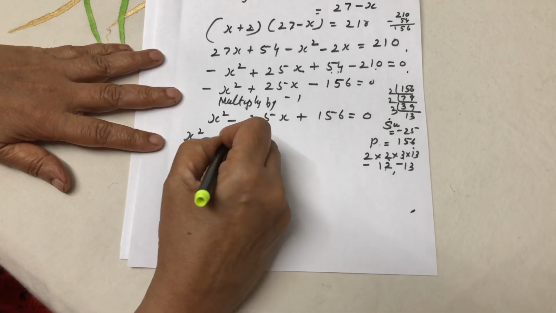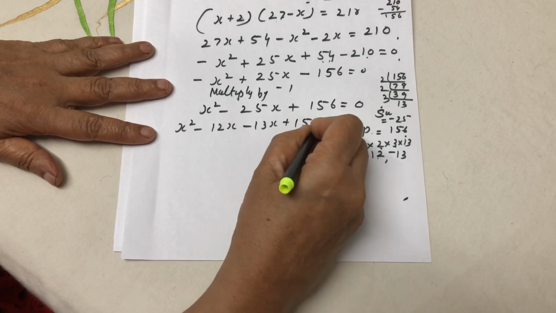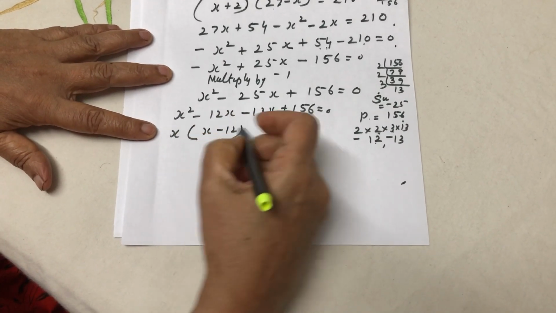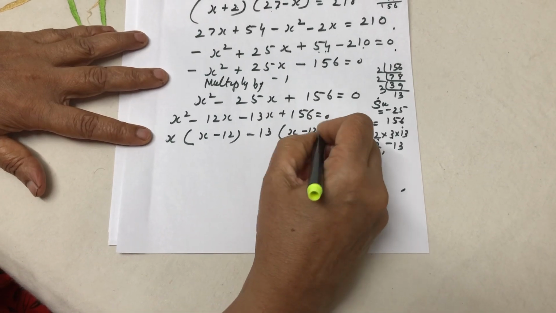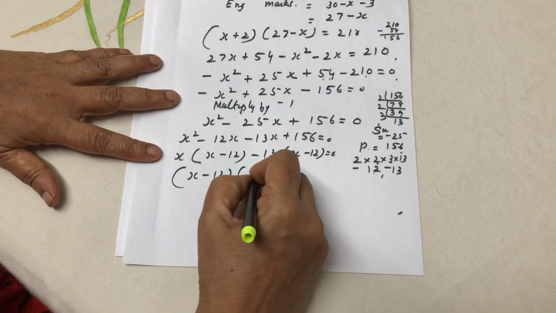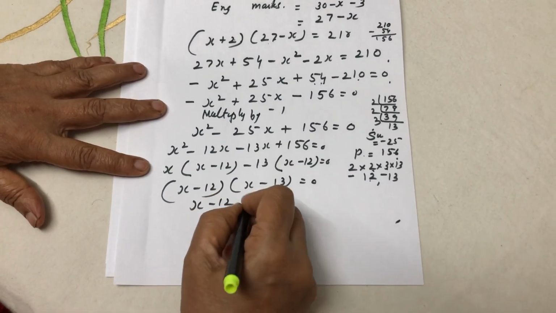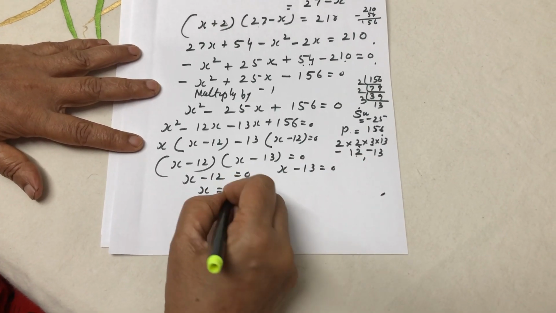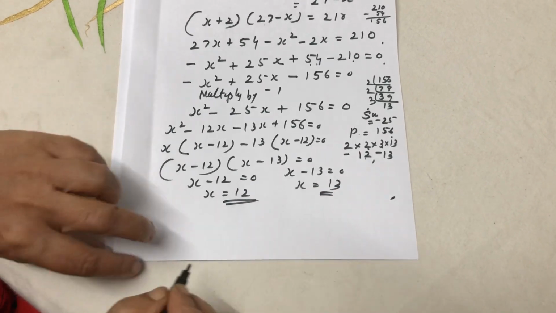So x squared minus 12x minus 13x plus 156 is 0. x into x minus 12, minus 13 into x minus 12 equal to 0. x minus 12 into x minus 13 is 0. So x minus 12 is 0, x minus 13 is 0, x is equal to 12 and x is equal to 13. Both the values you can take.